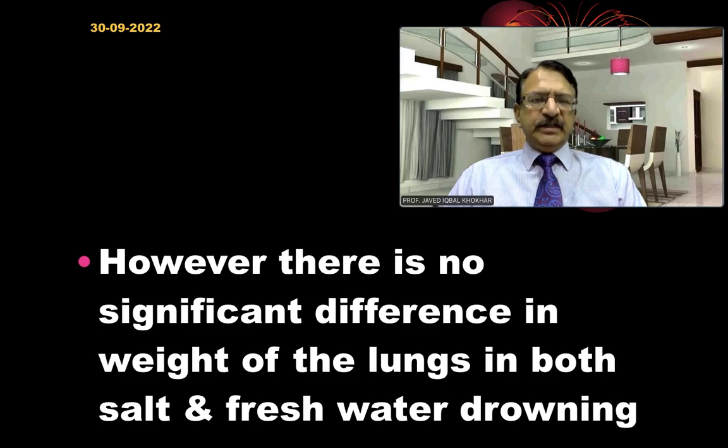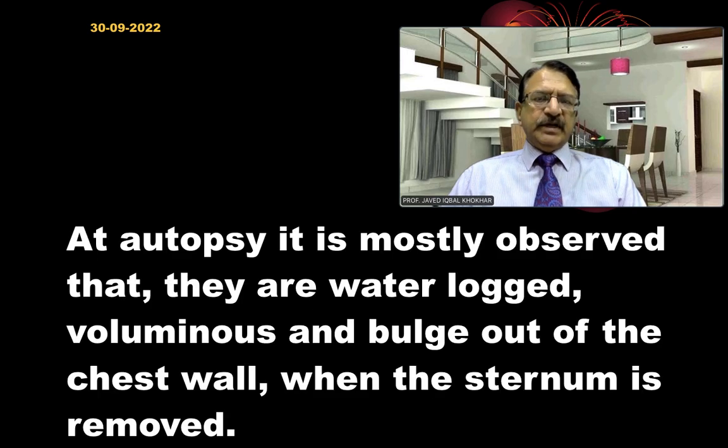However, there is no significant difference in the weight of the lungs in both salt and freshwater. At autopsy, it is mostly observed that they are waterlogged, voluminous, and bulge out of the chest wall when the sternum is removed.